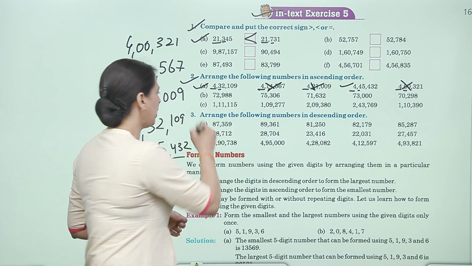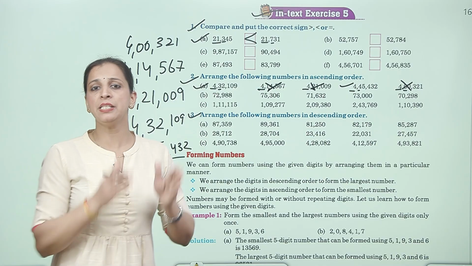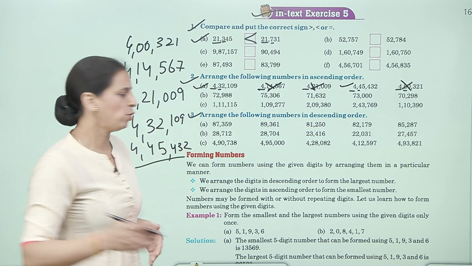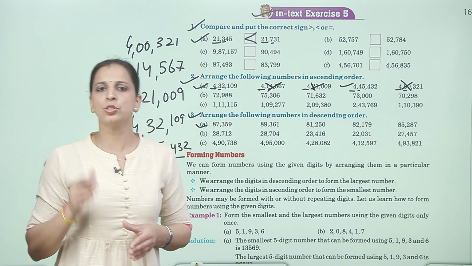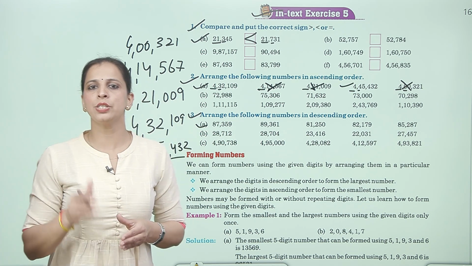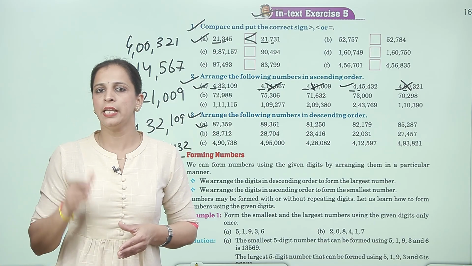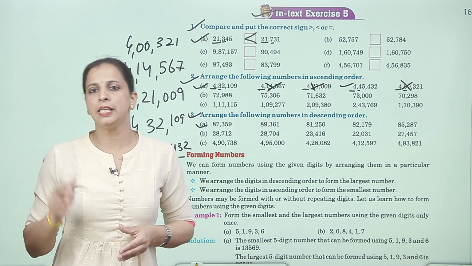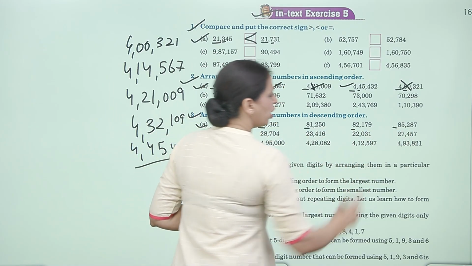Now next, question number 3. Arrange the following numbers in descending order. Descending means greatest to smallest. Now A part: 87,359, 89,361, 81,250, 82,179, 85,287. Now at 10,000 place all have 8. Now compare the next.